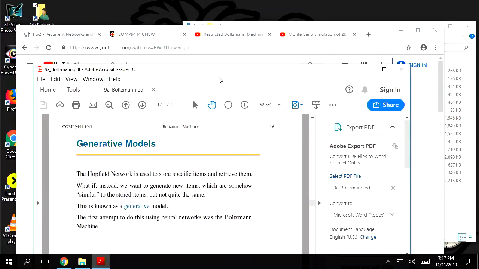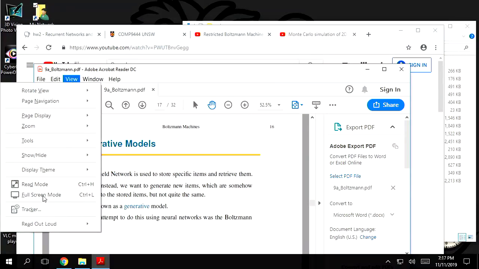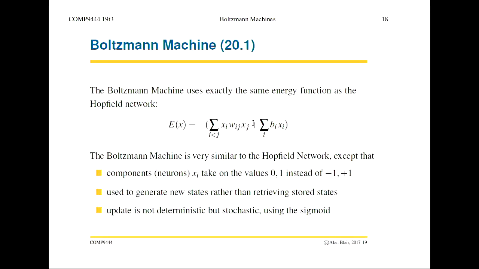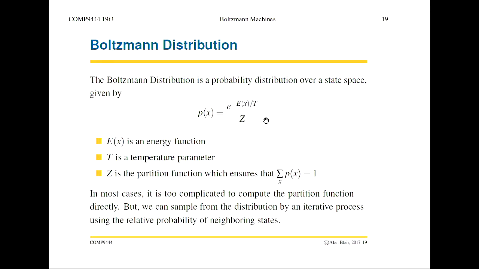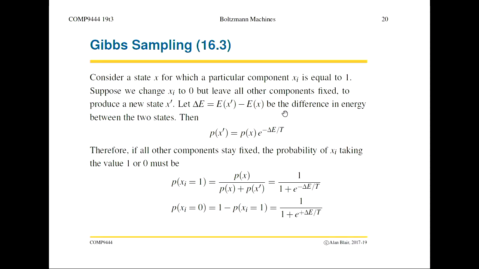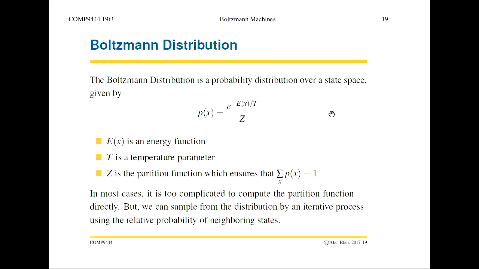Okay, so what are the actual equations that are happening here? The idea is that you just pick one pixel and decide whether to change that pixel.